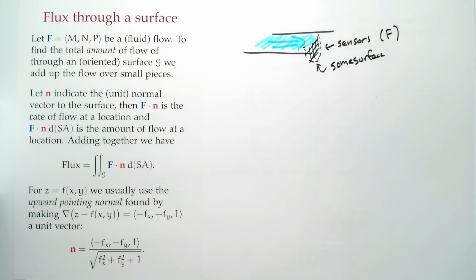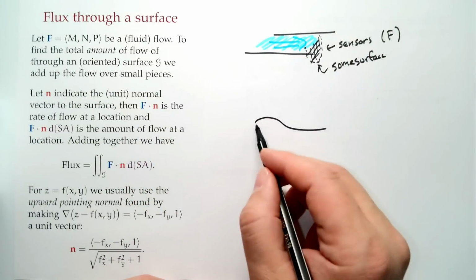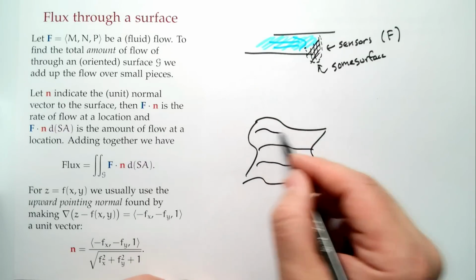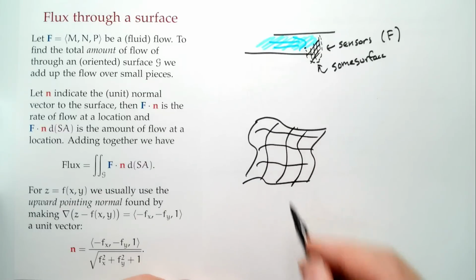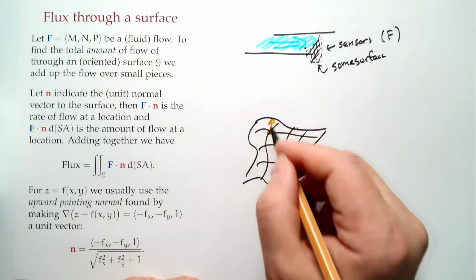And so what do we do? Well, we want to take the local information and add it up. Now, what do you do locally? So there's this idea that if I have a surface, so let's imagine I have some surface, here's some surface down in space, or maybe up in space. At a particular point, I can look at what's called the normal direction.